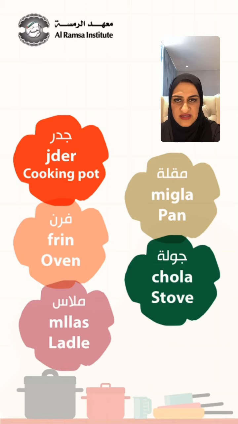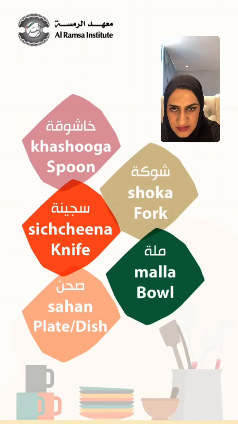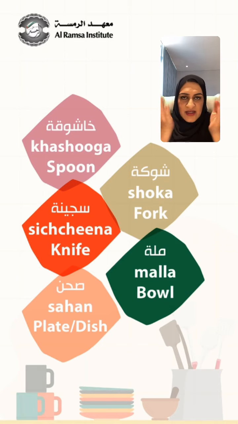Let's use another example. Someone, I think Munir or Munzir, said he's confused between the cooking pot and the stove. Basically, the cooking pot is where you cook the rice, you put the rice inside the pot.